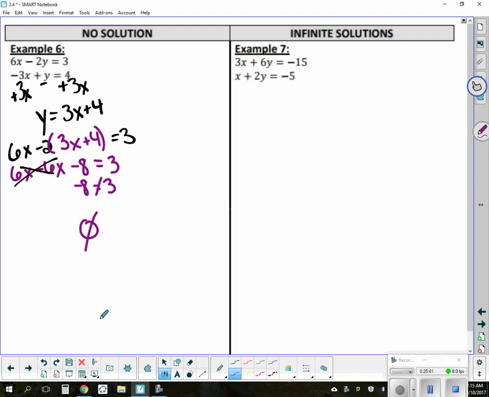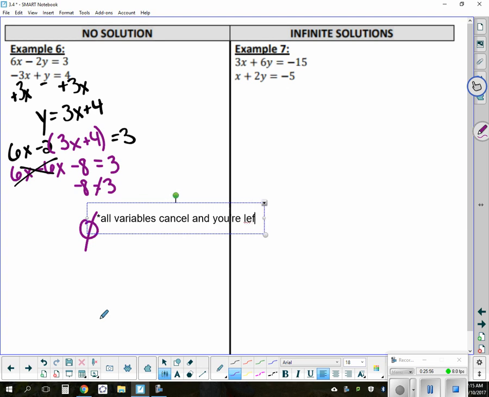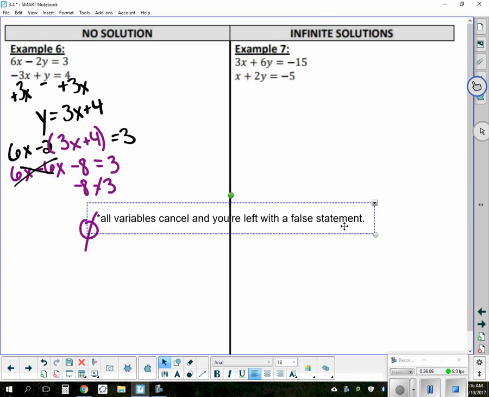Okay, so to have no solution, all variables cancel and you're left with a false statement. Okay, that is how you would get no solution.